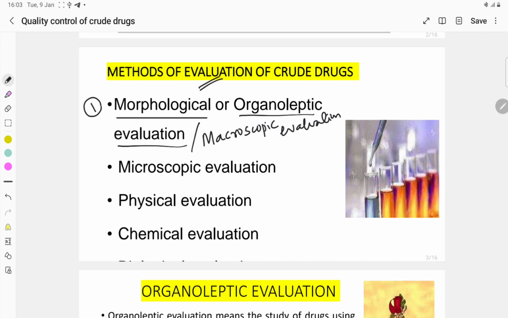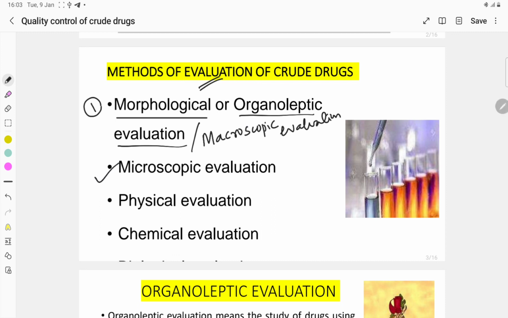Morphological, organoleptical and macroscopical are all the same. Here we evaluate the crude drug on the basis of morphological differences, morphological study, or organoleptical study. I will discuss this completely when we come to the individual evaluations.